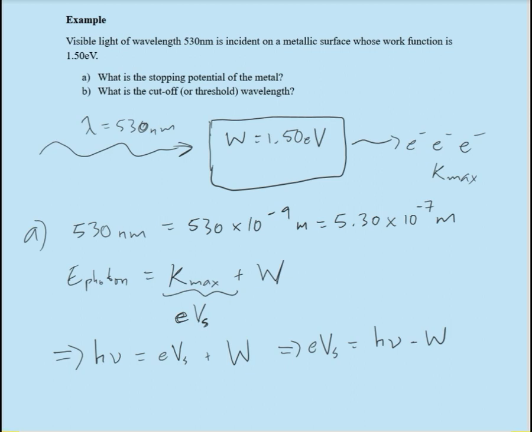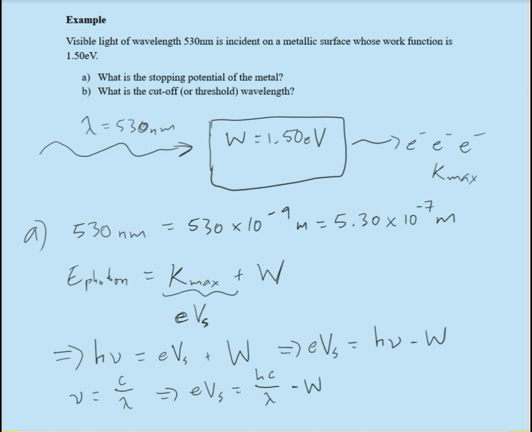So we need to remember that the relationship between wavelength and frequency is an inverse relationship. So frequency is speed of light over wavelength. And if we substitute this, we end up with eV_s is equal to hc over lambda, and then minus W.